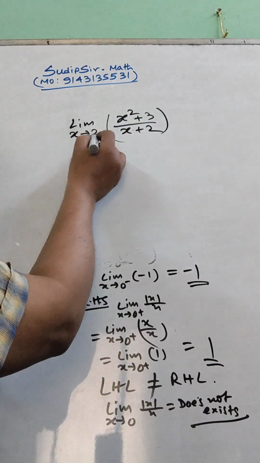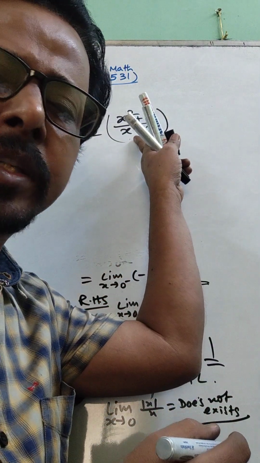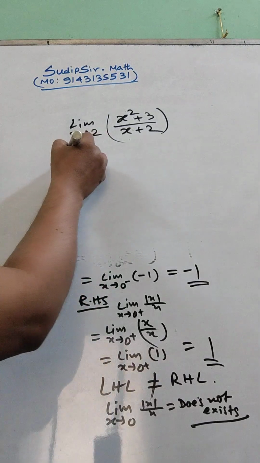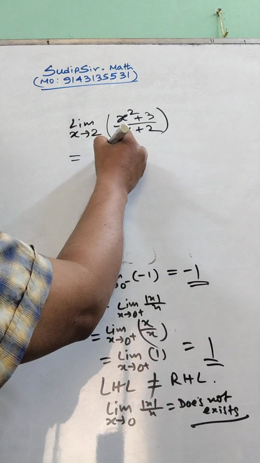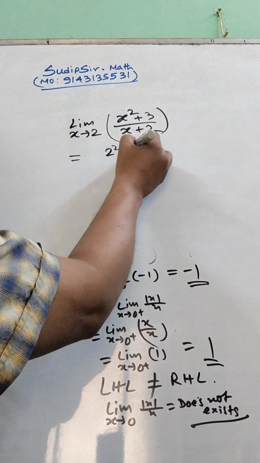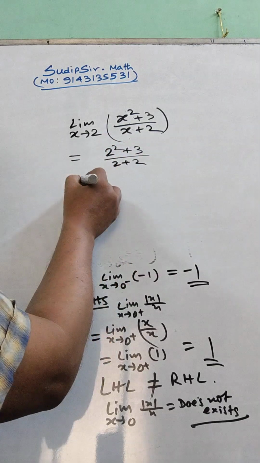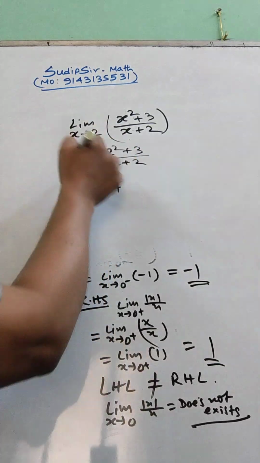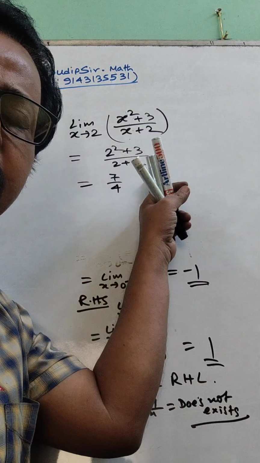If after putting this value the denominator is non-zero, then you just put the value. The limiting value will be (2 square plus 3) by (2 plus 2), that is 7 by 4.